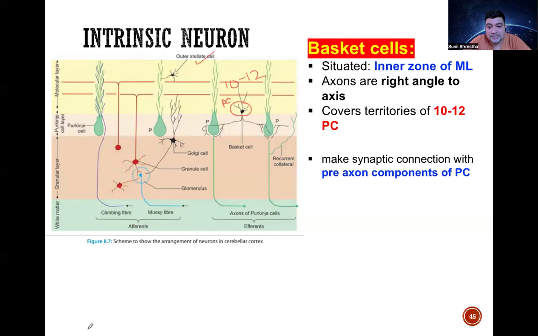It also makes a connection with the pre-axonal components of the Purkinje cell. So they have a connection with 10 to 12 Purkinje cells.